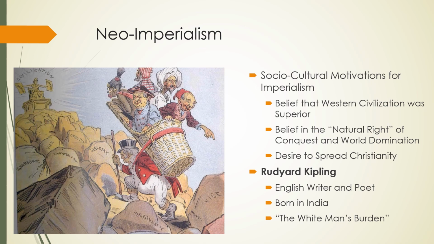So socio-cultural motivations for imperialism are basically based in the belief that Western civilization was superior. Now, I understand this is a controversial idea today. So I'm not saying that Western civilization is superior to the rest of the world. I'm saying that in the late 19th and early 20th centuries, there was a prevalent idea in the West that Western civilization was superior to the rest of the world.